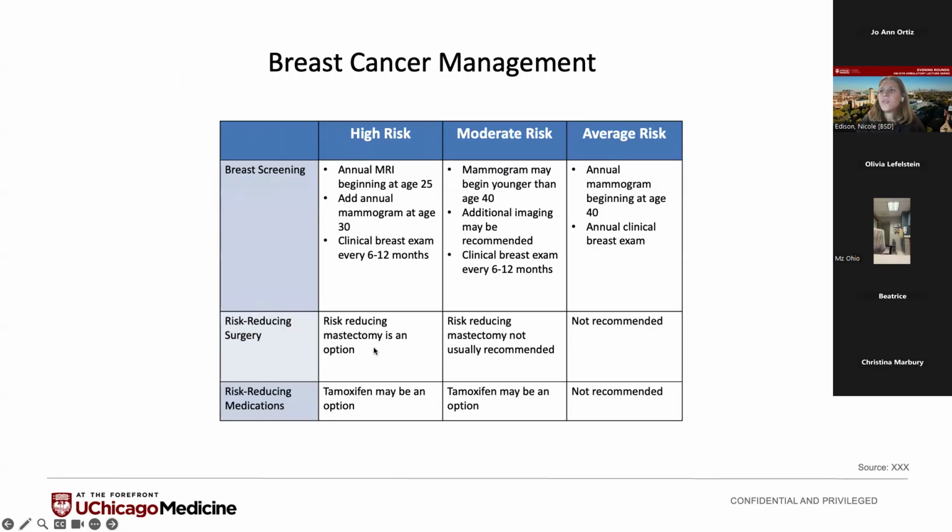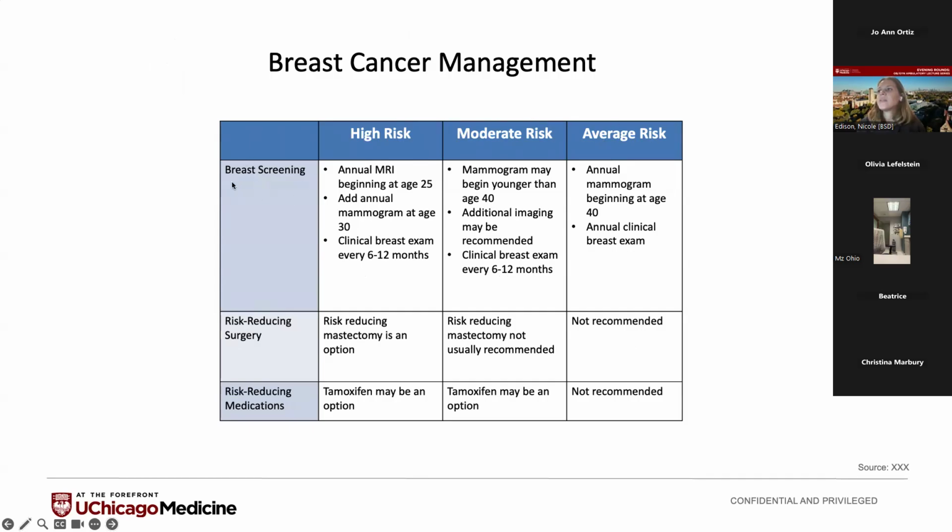So, what do you do if you have a patient who comes back and has either a high risk mutation, usually meaning, for breast cancer, above 20%, or a moderate risk where maybe it's above 15% versus average risk?